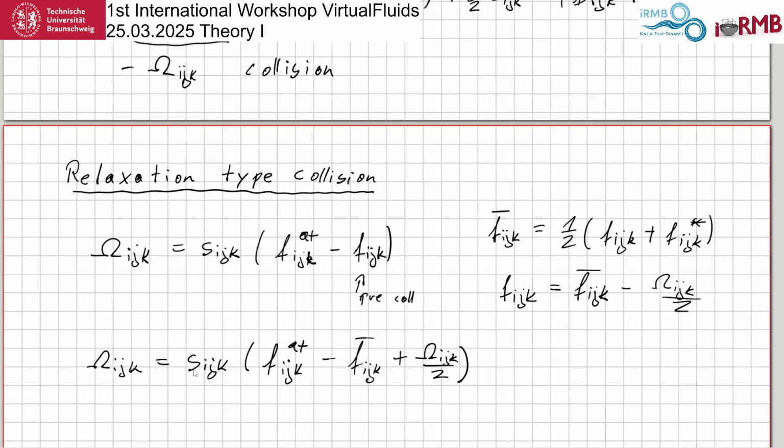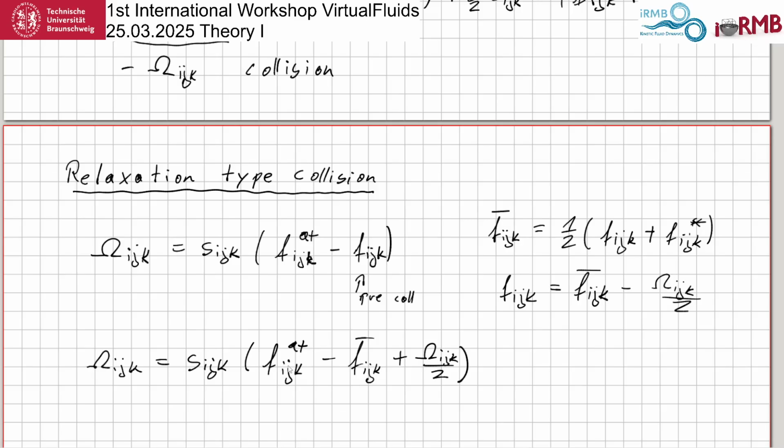Unfortunately, it's not that simple that I can just take different relaxation rates in different directions. This is too simple. But what I can do is make this the equilibrium. If the equilibrium depends on some non-equilibrium quantities, then it works.